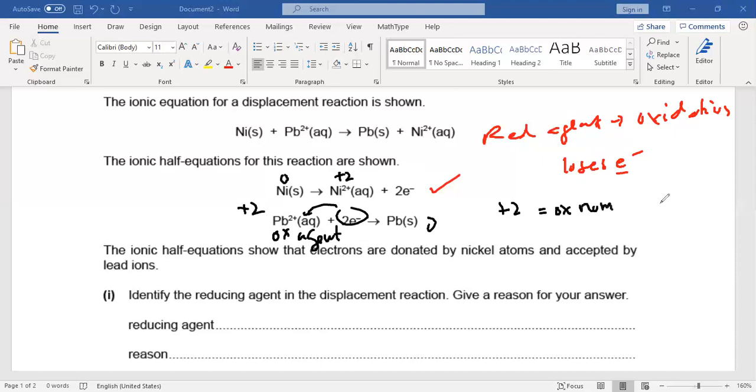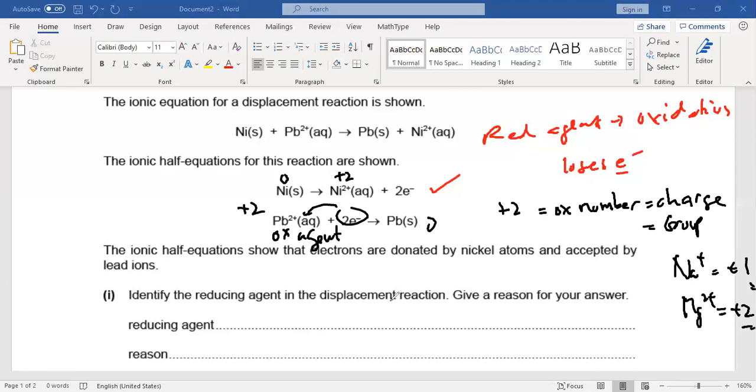Remember that the charge is actually the oxidation number. How do I get the charge from the periodic table? Just see the group in which it is located. Group 1 will have a +1 charge, so the oxidation number for that ion, for example Na+, is +1. Mg2+ is +2.